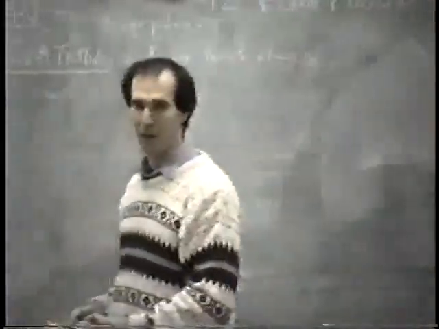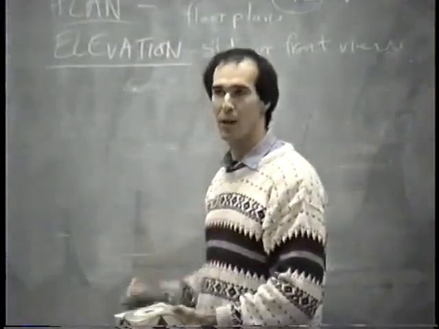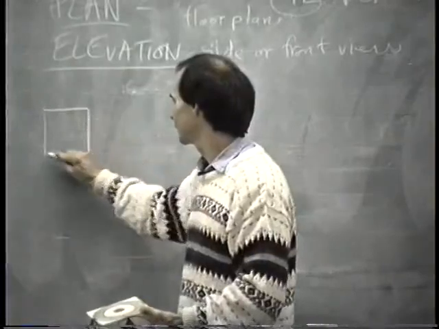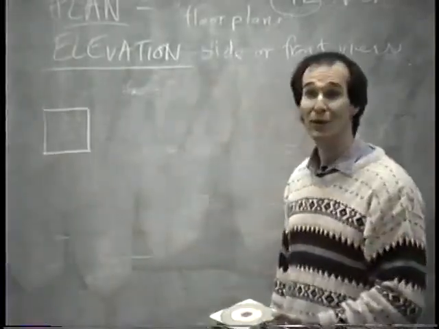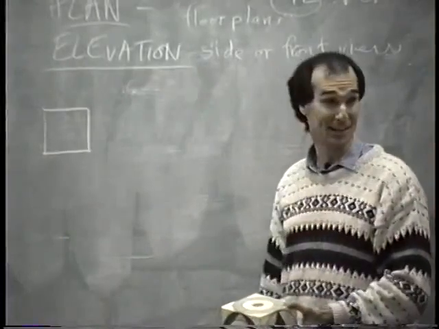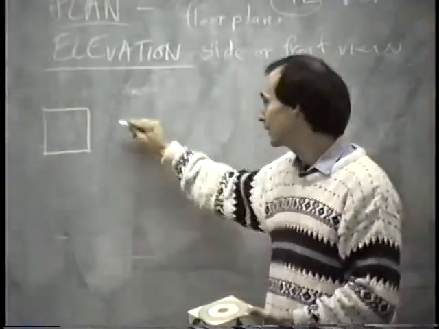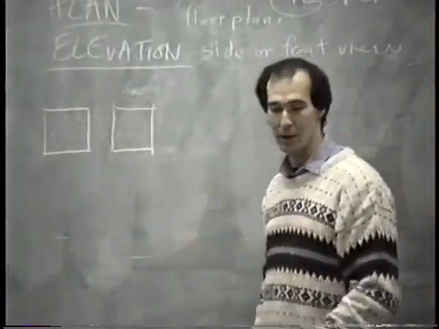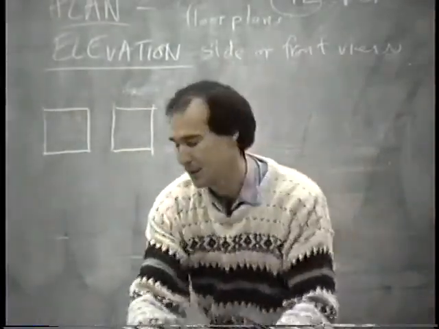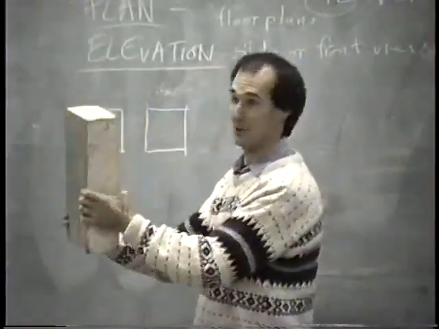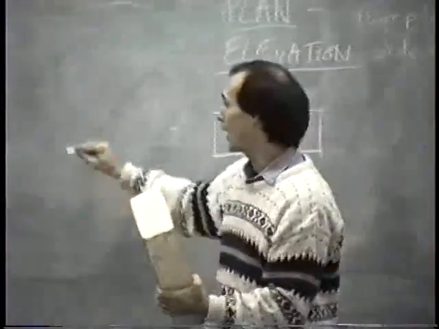Now, the cube, which is the first problem we'll solve. What does the plan of a cube look like? What does the elevation of a cube look like? Exactly the same, whether it's side or front. You've got the exact same plan and elevation. However, if we're using this thing, and this is the World Trade Center or whatever it is, what does the plan look like?